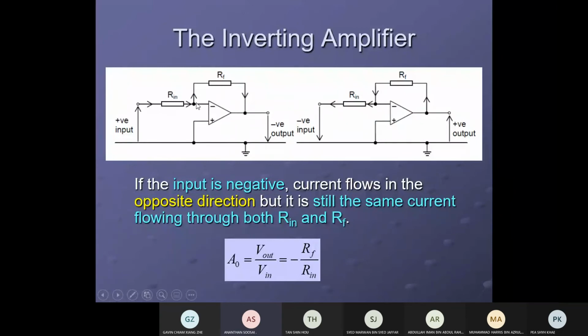No current flows into the op-amp. So the gain formula for the inverting amplifier is negative RF over RIN. If the input is negative, the current flows in the opposite direction, but it's still the same current flowing through RIN and RF.